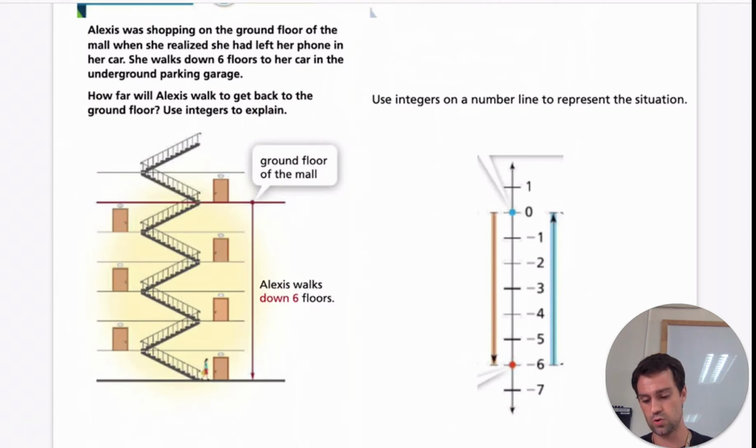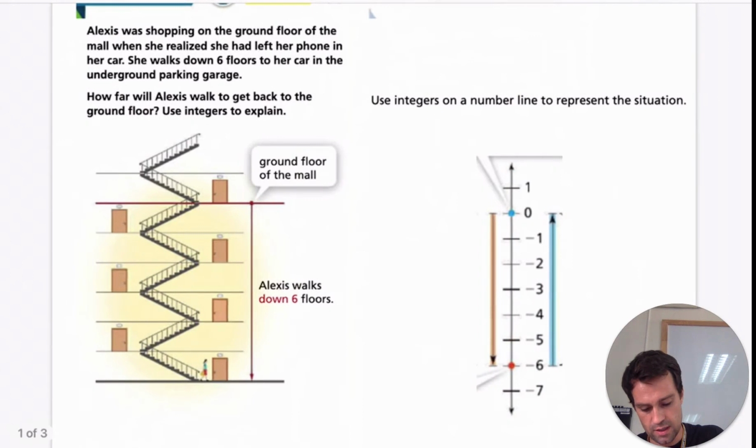So you don't need to draw this diagram here, but this is what's happening. She's on the ground floor and she realizes, oh, I forgot my phone, so she has to go back down. But we can use a vertical number line, and I need you to draw this vertical number line here. So go ahead and create your vertical number line.